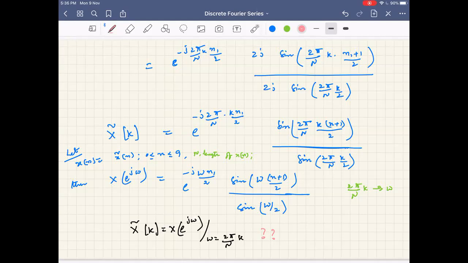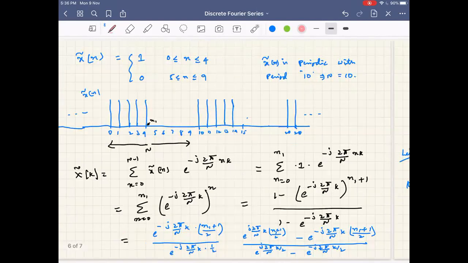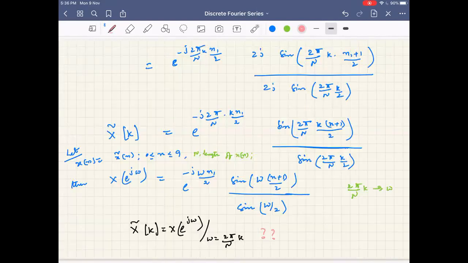In this particular example, you can obtain both from the definition and relate them. However, is it true in general? If we sample in the frequency domain, will the discrete Fourier series spectrum be exactly the same as sampling the discrete time Fourier transform? And subsequently, what is the consequence?